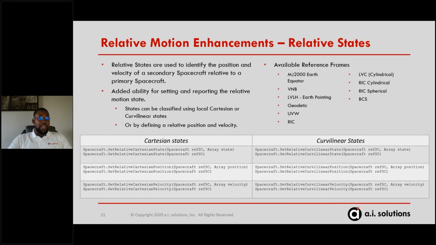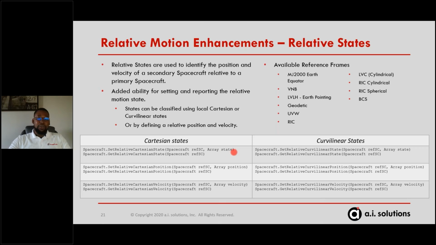All of these are available to be used with the methods shown at the bottom of this slide, whether they are Cartesian states or curvilinear states. You can just simply call this from the spacecraft object. And if you wanted to set the position, you can just simply call set relative Cartesian or set relative curvilinear state, and then give a reference spacecraft because we need a reference orbit, and then provide an array with that state for the position and velocity that you want relative to your primary spacecraft.